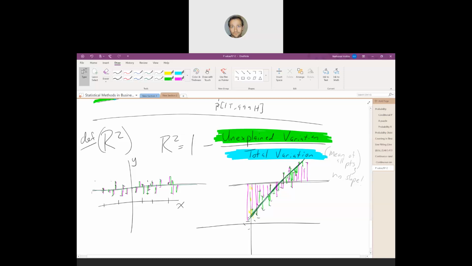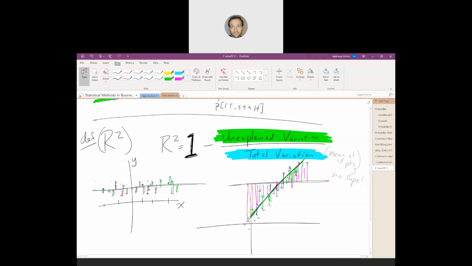Don't forget the 1. I'll make it bold. So a good R² score is a big number. Here, the unexplained variation is a small number compared to this. And the total variation is a big number here compared to this.